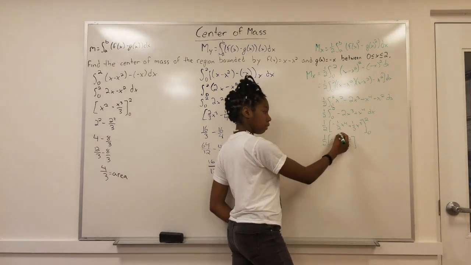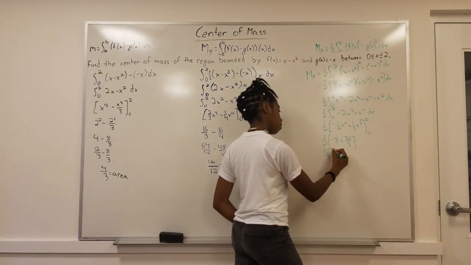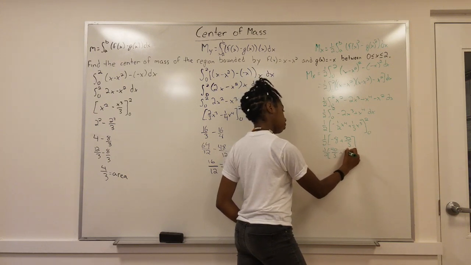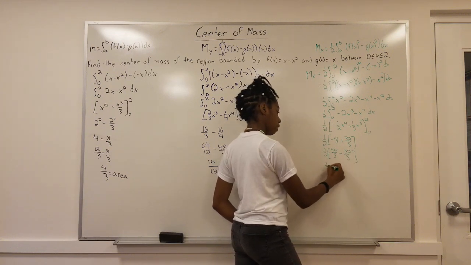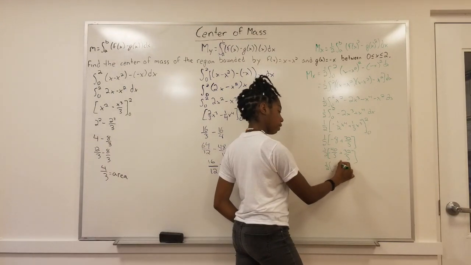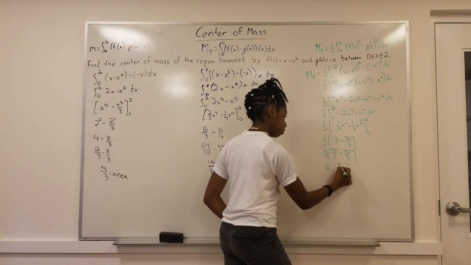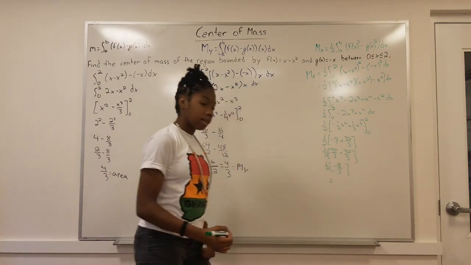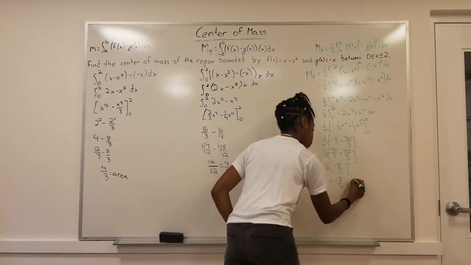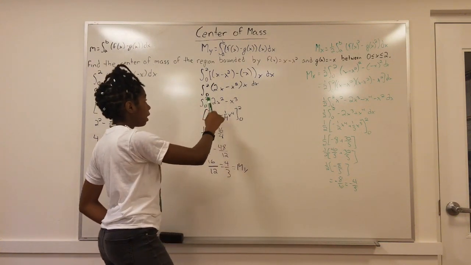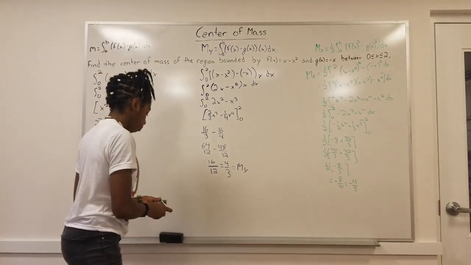And you can find common denominators here, so you do 1/2 times negative 40 over 5 plus 32 over 5, and then you get 1/2 times negative 8 over 5, leading you to negative 8 over 10, which equals negative 4/5. After you find my and mx, your last step is to do x bar and y bar.